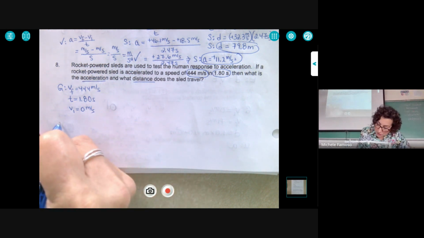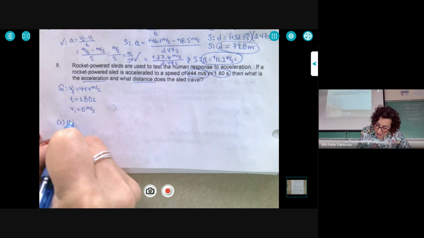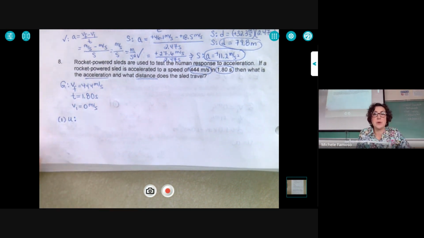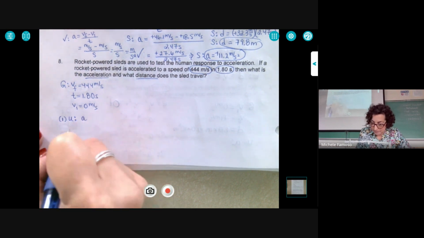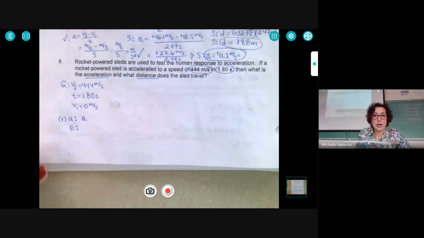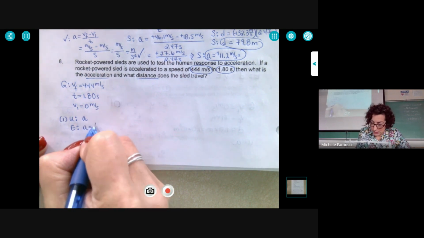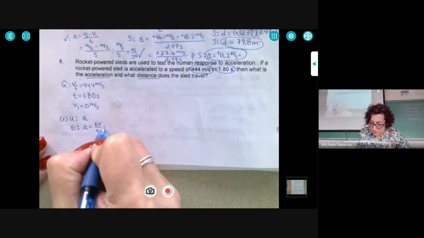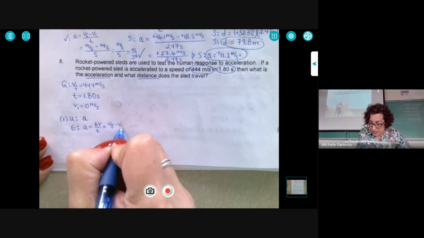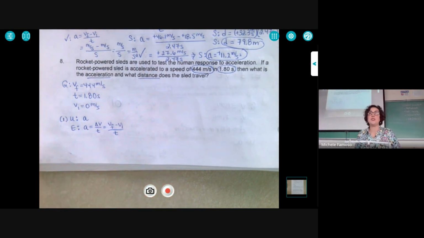Okay, let's go to the first part of this question. Matt, what's our first unknown? A. Okay, Grace, how about an equation for A? That's right. And when you do a change in V, remember that's the same as VF minus VI over T. You got to subtract in the correct order.